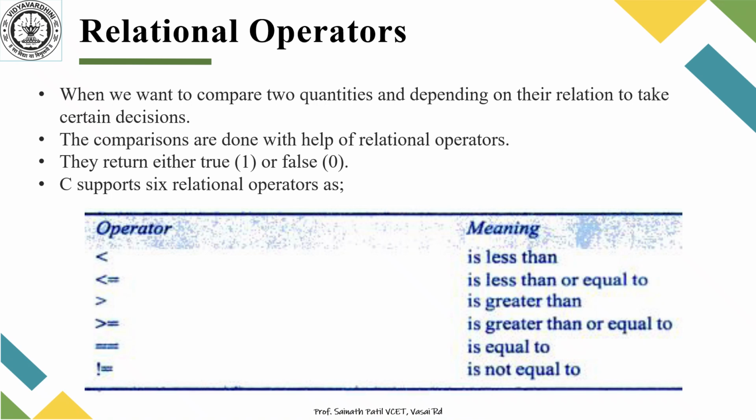C supports 6 relational operators: less than, less than or equal to, greater than, greater than or equal to, equal to represented by double equal, and not equal to represented by exclamation and equal to.